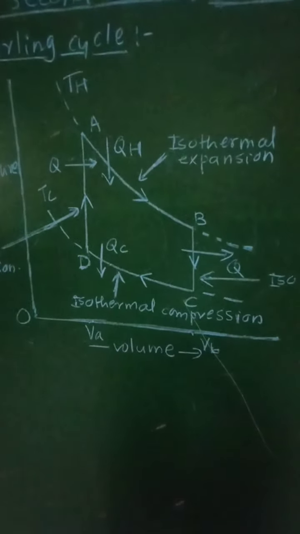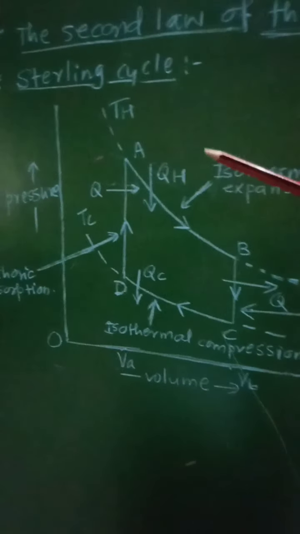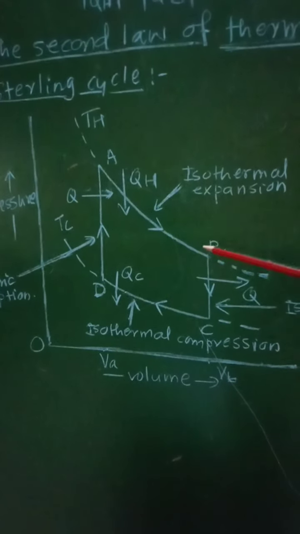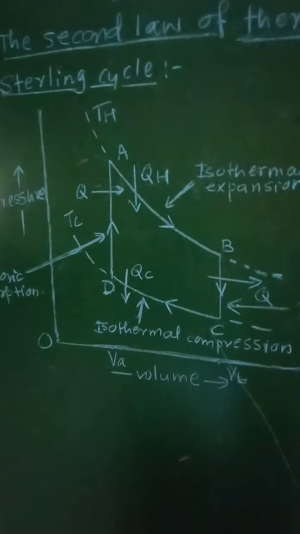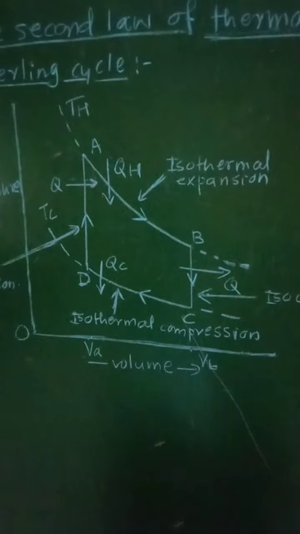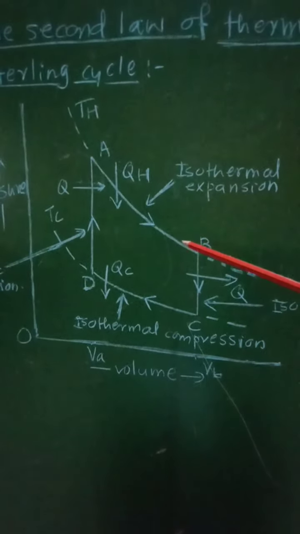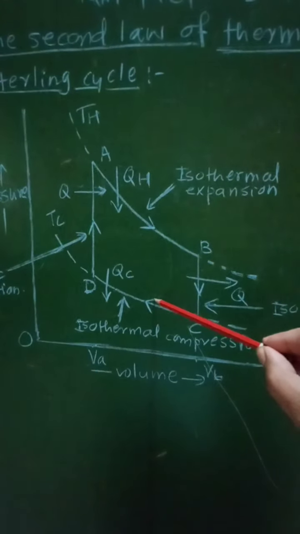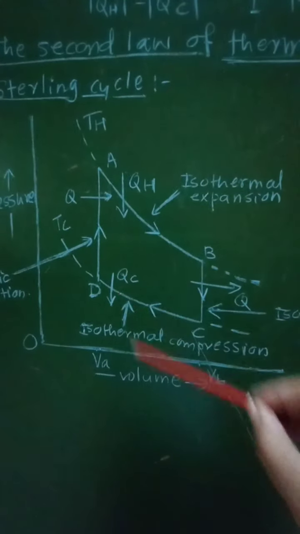Then if you consider the PV diagram for this Stirling cycle, it is as shown. It goes from A to B, then B to C, then C to D and D to A, so that one complete cycle will get completed. So if you consider this Stirling cycle, it will contain two isothermal processes, that is for part AB and CD.